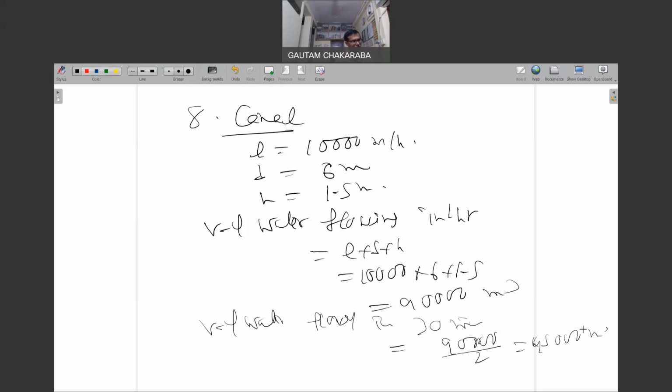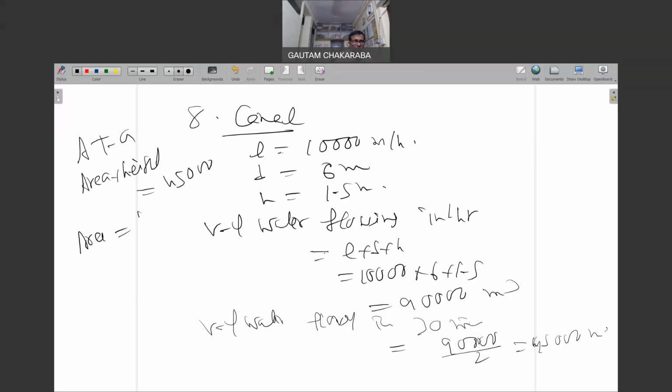And if 8 centimeter standing water is needed, this water falls on the ground, and this ground has length and breadth, that is area, into height, that is volume. So according to the question, area into height is equal to volume of flowing water, that is 45,000.